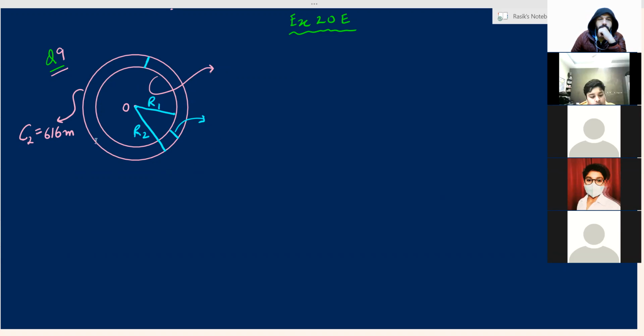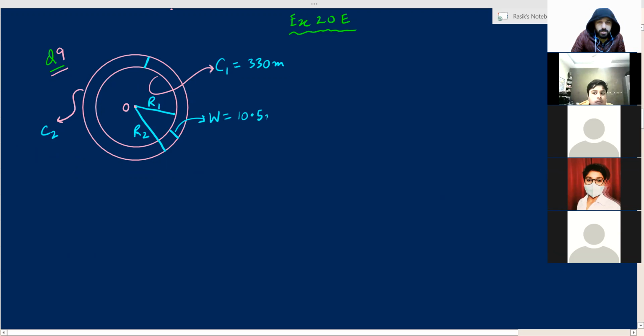So here the circumference of the inner circle is given. C1 is given. How much? 330 meters. C2 is not given. The width of the track is given, 10.5 meters.